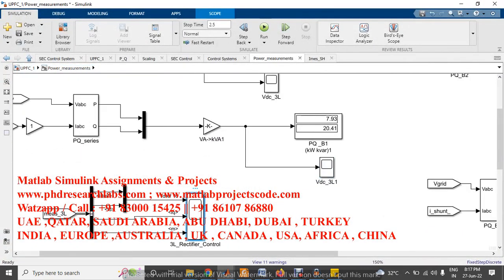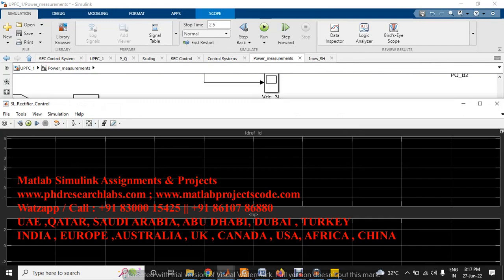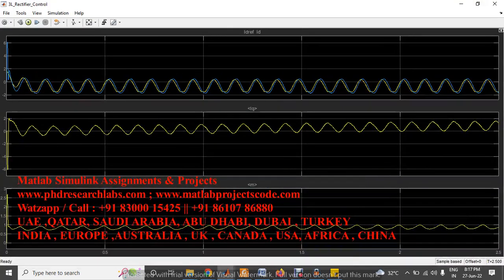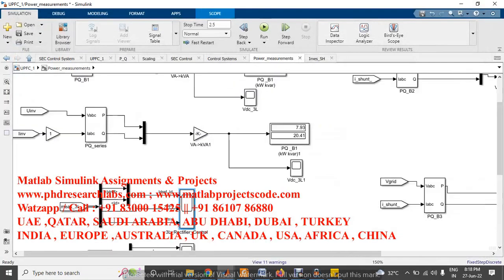And this is the three-phase rectifier control, meaning the control reference of IDQ, the ID reference and IQ reference with modulation index.